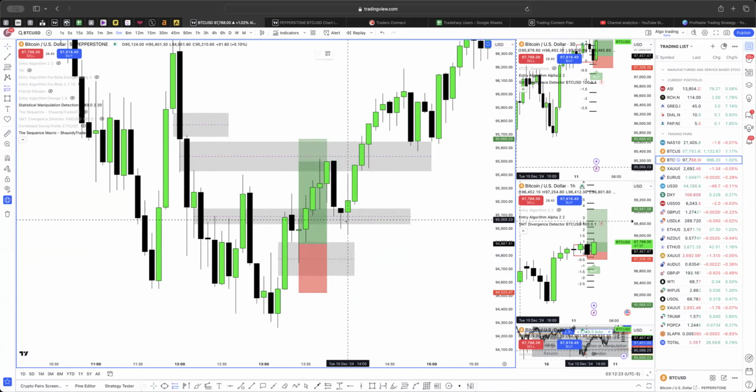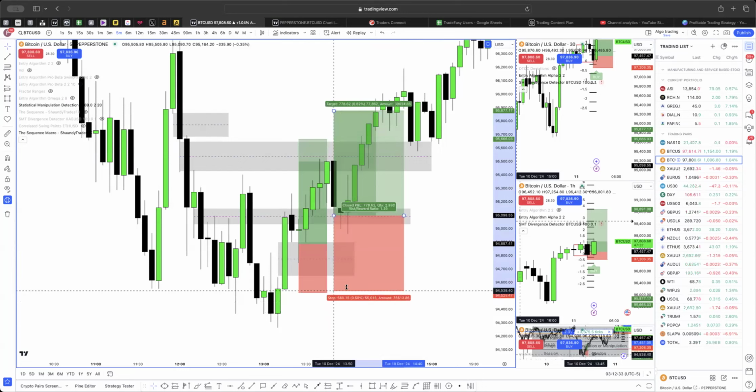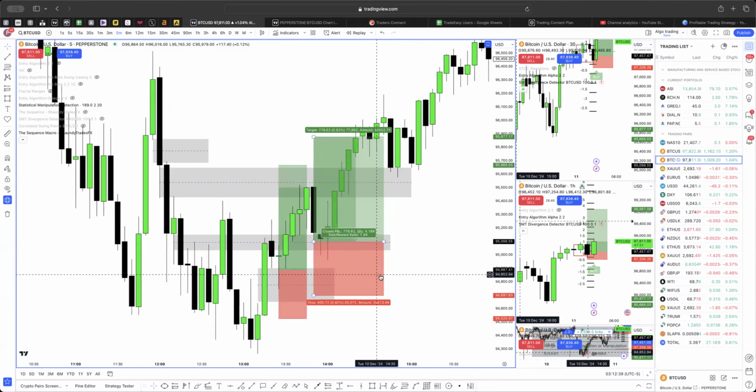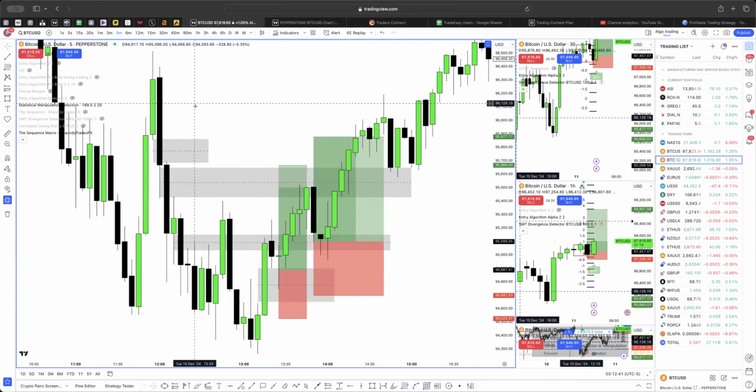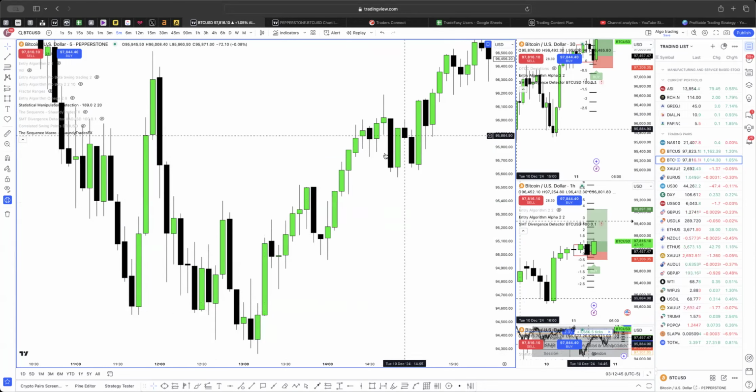Over here, your stop loss is going to be below the gap candle. So in this case, what's the gap candle? This down close. So that is your stop loss. It is as simple as that. All right, so now you know how to place your stop loss for a bullish example.